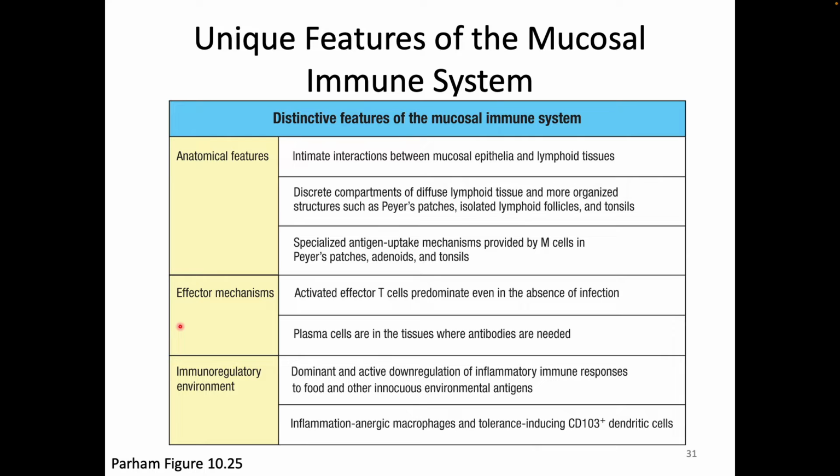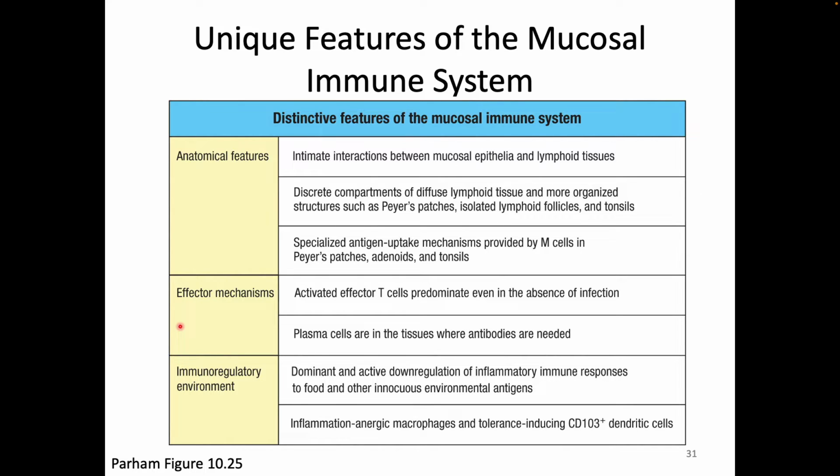As I mentioned a little bit ago, when immunologists study the mucosal immune system, if you look, for example, in your textbook, this chapter 10 is called the mucosal immune system. In some other immunology texts, this chapter is called the barrier immune system. It's because those texts have a little section on skin outside of mucosal immunity.